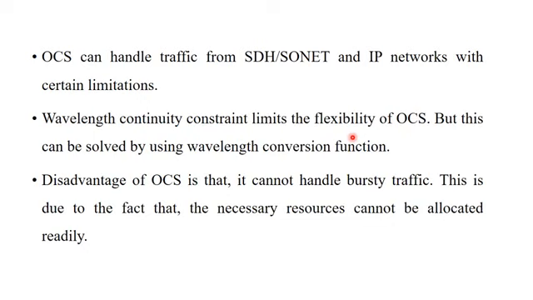That can be solved by making use of the wavelength conversion function. So lambda 1, using the wavelength conversion function based on the availability, can be converted to lambda 2 for the further transmission. By making use of this wavelength conversion function, we can solve the problem of the wavelength continuity constraint.